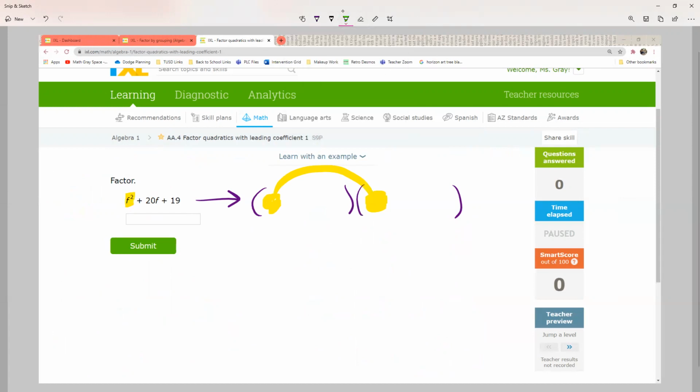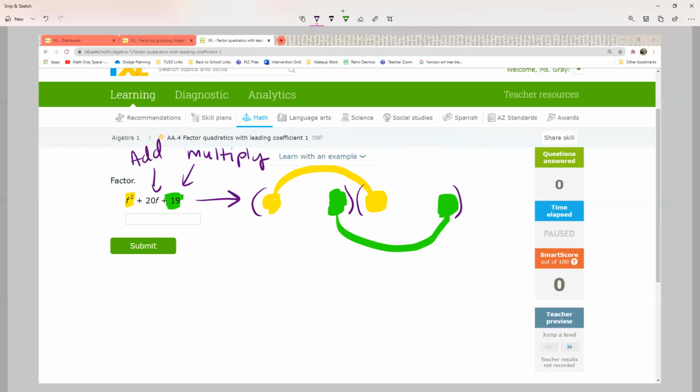And then I'm also going to multiply this number times this number to get this. But it's that part in the middle that I have to figure out. So the trick here is to figure out two numbers that multiply to make 19, but then add up to make 20.